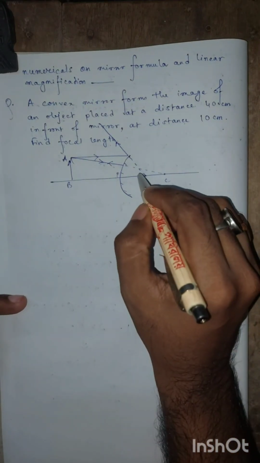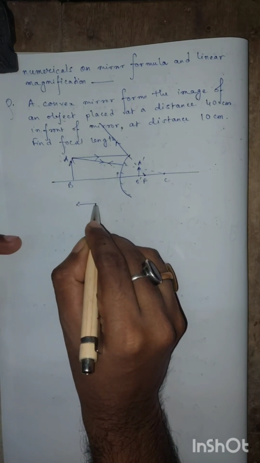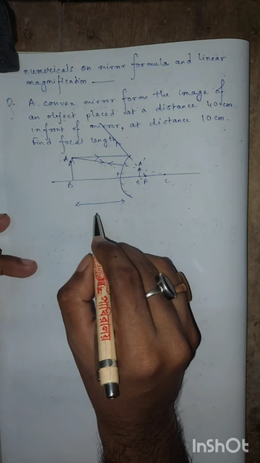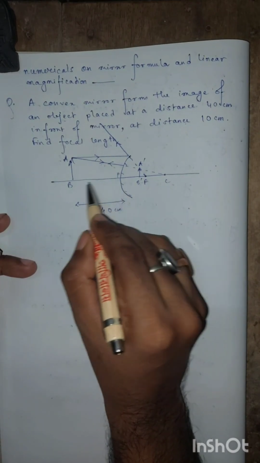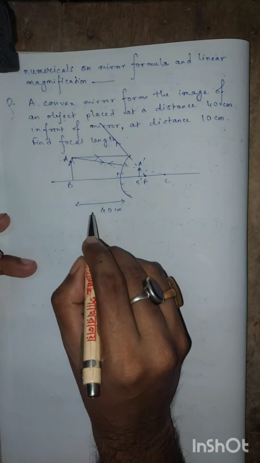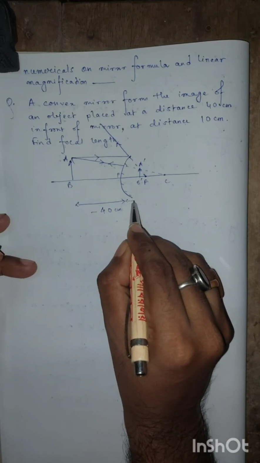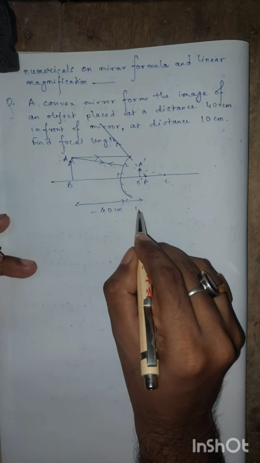So this is our image. So the question says the object distance is 40 centimeter, but this distance is measured from the pole opposite to the direction of light, so a negative sign will come with it, and the image distance is 10 centimeter.